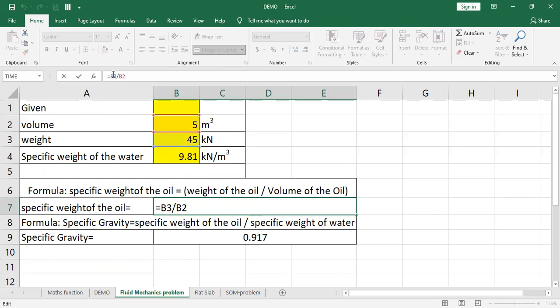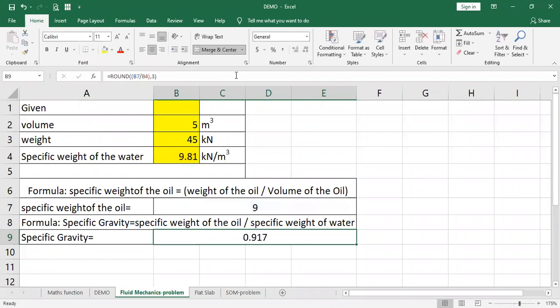From that we have to calculate the specific weight of the oil. Apart from that, if we know the specific weight of the oil and the specific weight of the water, then we can calculate specific gravity as well.